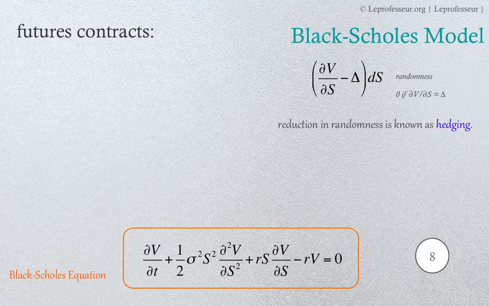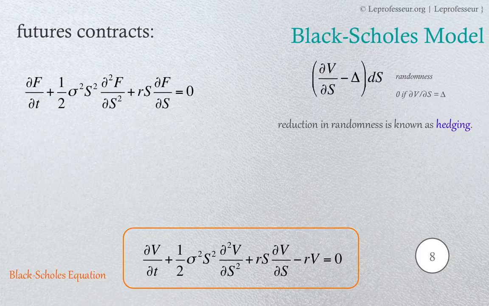We can extend Black-Scholes for futures contracts as well, okay. So what are futures? Well, futures are simply contracts for a future date, okay. So it's very simple. For the futures contract, we have F as the future price.